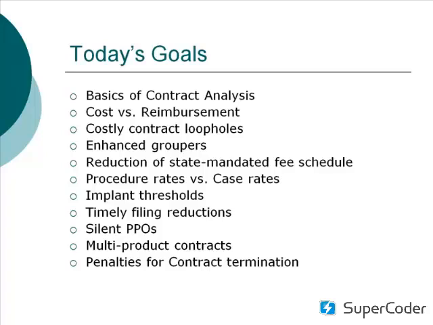The result of that is that if you're going to be receiving $570 as a state-mandated fee schedule, your current contract may be reducing that by an additional 5 to 10%. Anytime you have a state-mandated fee schedule, those particular payer groups should be removed from your contract.